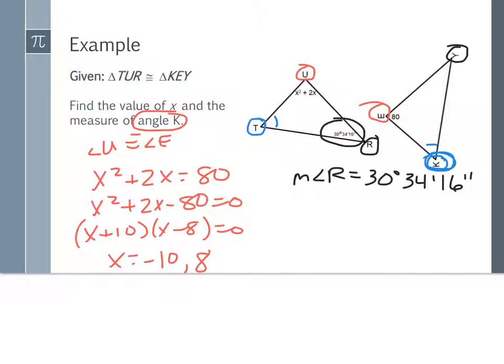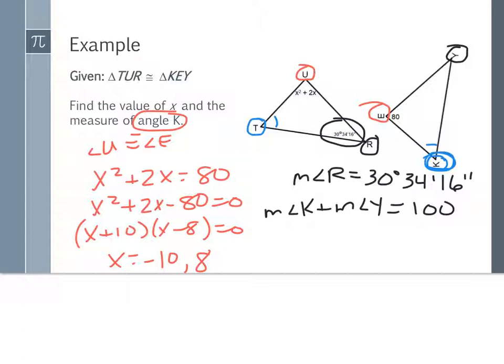We know that the measures of all the angles of a triangle sum to 180. So that means that the measures of K plus Y have to equal 100, because we had 80 here, so together these must equal 100.